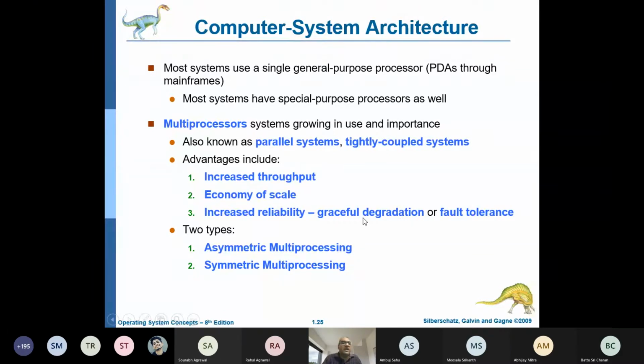Earlier you had a performance of whatever number of jobs carried out per unit time. Now, suppose one processor is down, then the performance is reduced by that particular factor, right? Suppose earlier there were four processors, now we have only three processors running. So with 75% efficiency, the system can perform the jobs. That's what I mean by graceful degradation.